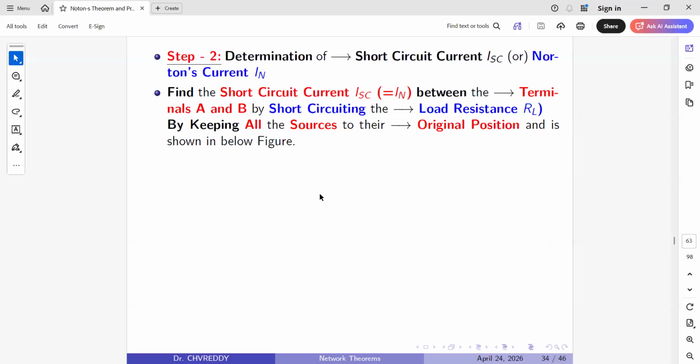That means whatever sources are given in the network, we keep them the same. We cannot change anything here. The only thing is we make the load resistance short circuit. So this is the network, where I have done the short circuit.